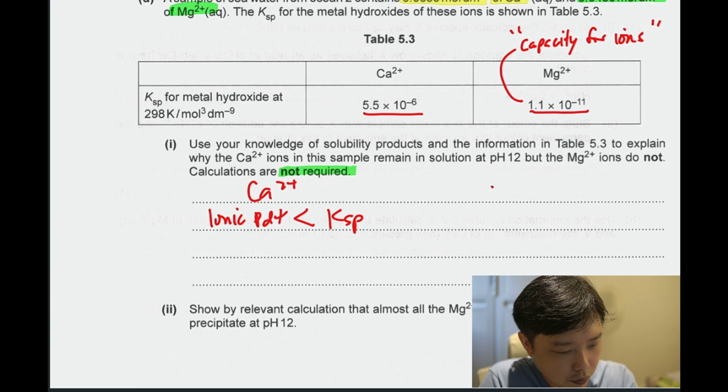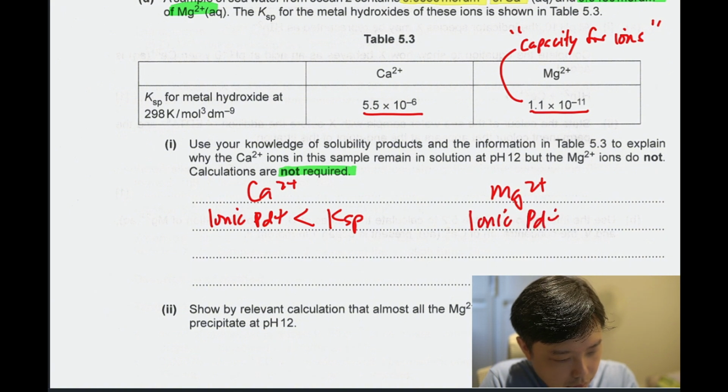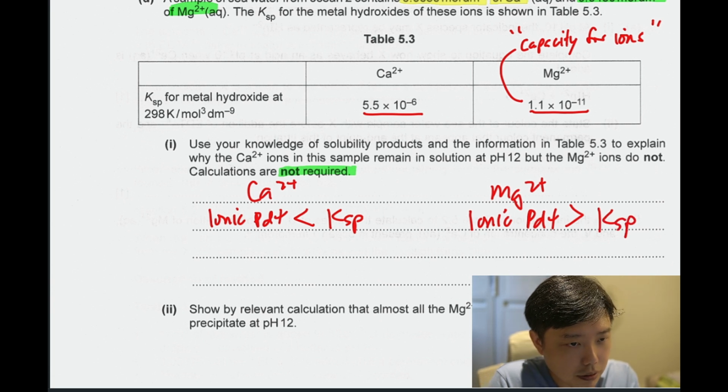But for magnesium, the ionic product becomes greater than KSP because KSP for magnesium hydroxide is very, very low.